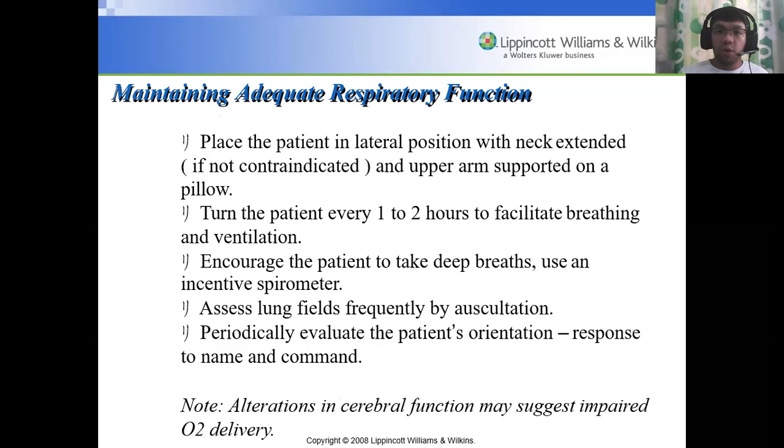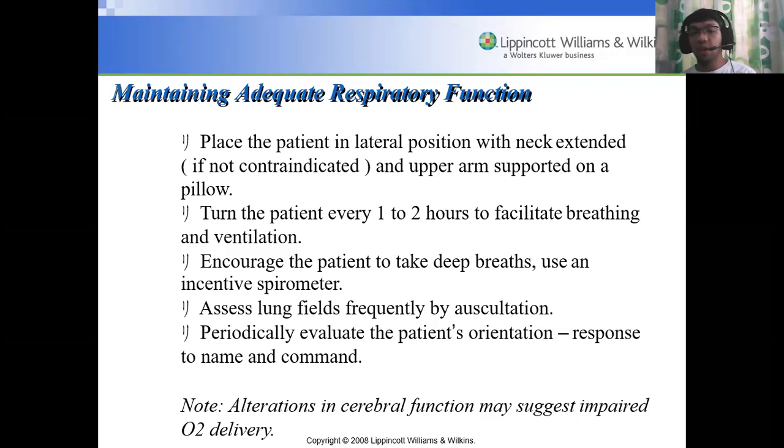Maintaining adequate respiratory function. We need to place the patient in a lateral position with neck extended, if not contraindicated, and upper arm supported on a pillow. Turn the patient every 1 to 2 hours to facilitate breathing and ventilation. We are also going to teach the patient to take deep breaths and use an incentive spirometer.